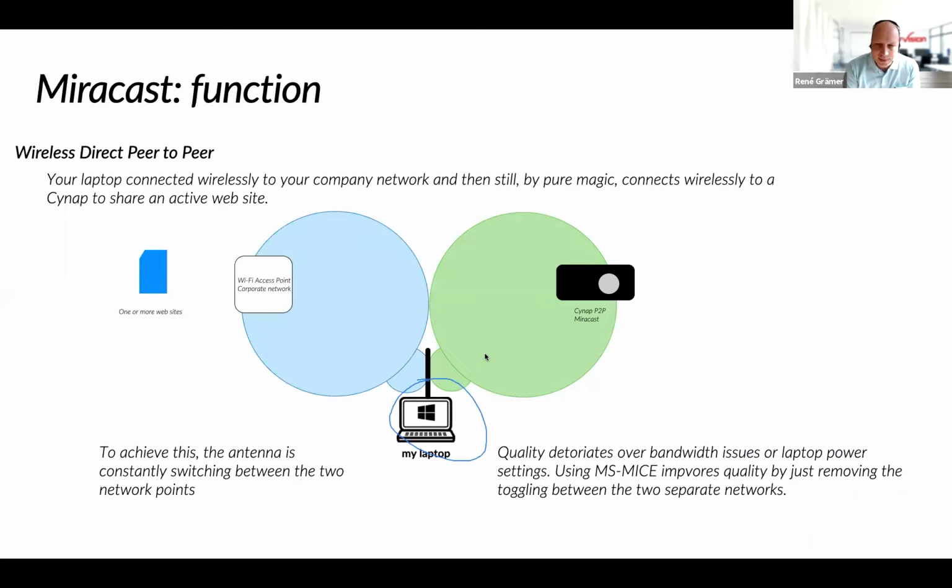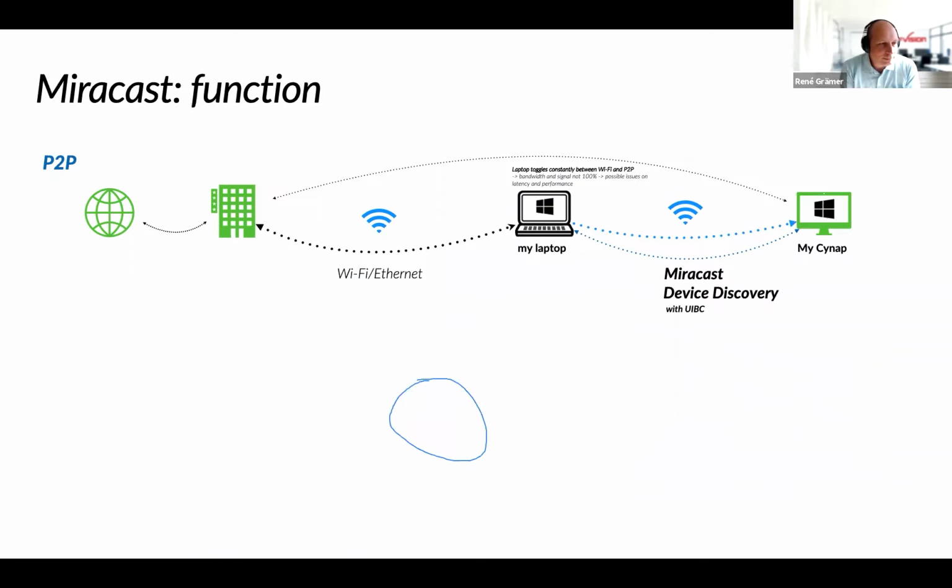So you're connected with half of the power to your existing company network and with the other half to a Cynap, for example, or any Miracast receiver, constantly toggling back and forth. This is how peer-to-peer works. One part of your Wi-Fi is connected to your existing network, and one part is connected to a Cynap, for example.